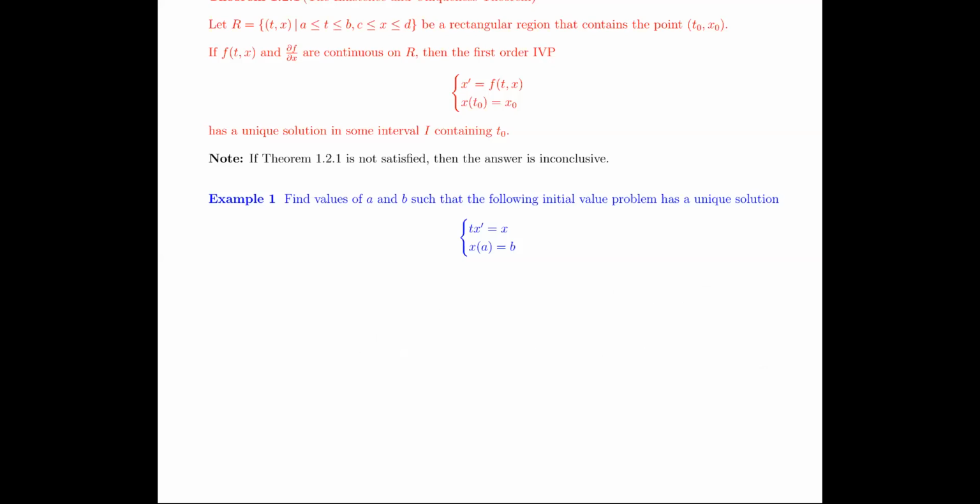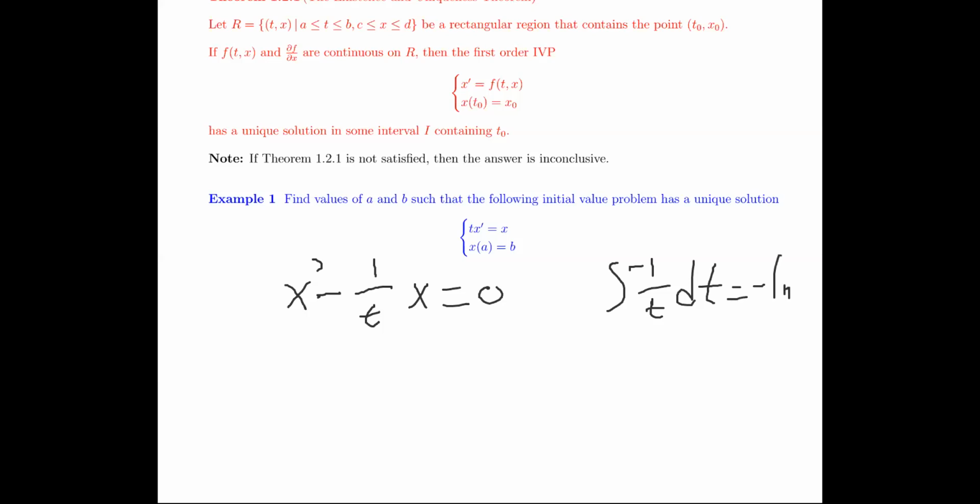All right. So let's solve this initial value problem. We can rewrite this as the linear equation x prime minus 1 over t times x is equal to 0. This tells us that we have the integral of 1 over t dt is equal to negative ln of t.